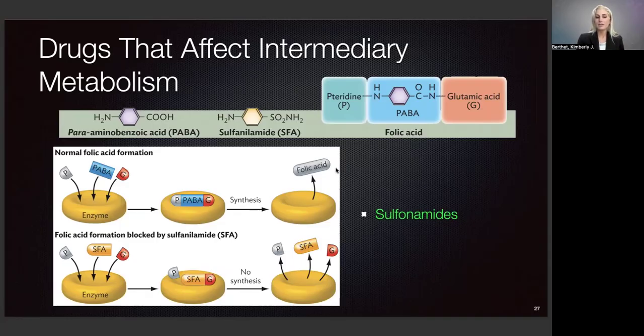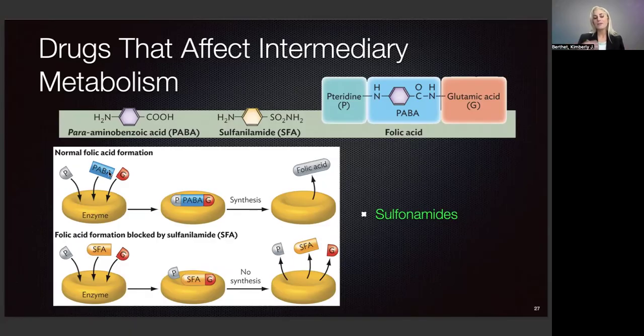But on the other hand, if we use these SFAs, they're going to interfere with the way that PABA is actually synthesized into folic acid. So they look analogous. The molecular structure of SFA is very similar to PABA. So SFA is grabbed by the enzyme instead of PABA, and it grabs those terminal ends, the P and G that we see here, and it glues SFA and G together.